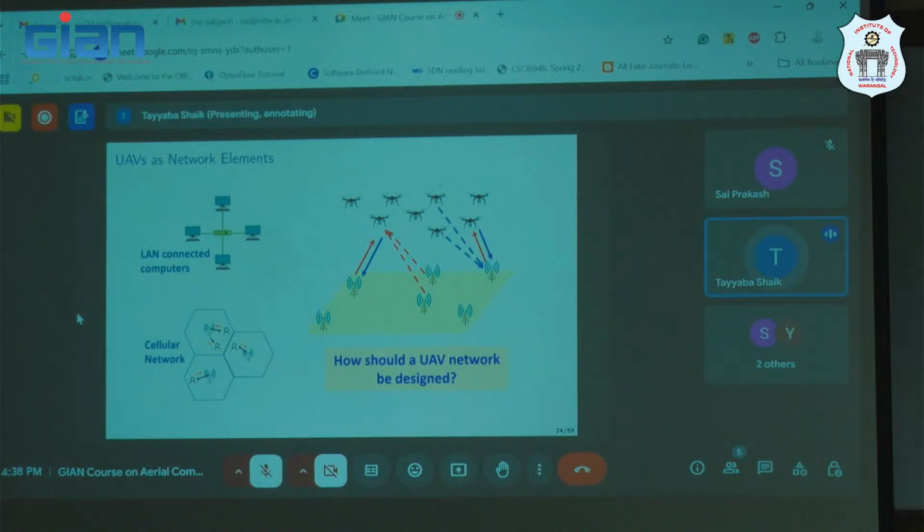If the UAV does not receive some data within some time, the mission may fail. Maybe the UAVs were on a mission where they want to identify some object on the ground, and they have some time limit within which they should do that. If the UAVs cannot receive that data for whatsoever reason, the mission would fail. So these are the kinds of challenges that one would face if UAVs are used as users.